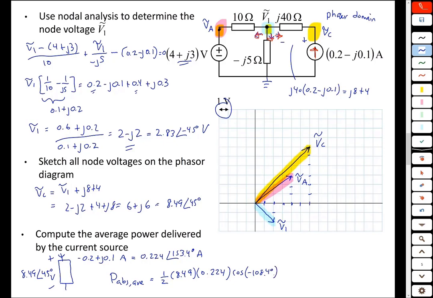You work out all this math, you get minus 0.3 watts. That means that it is supplying power, so the final answer is 0.3 watts supplied.